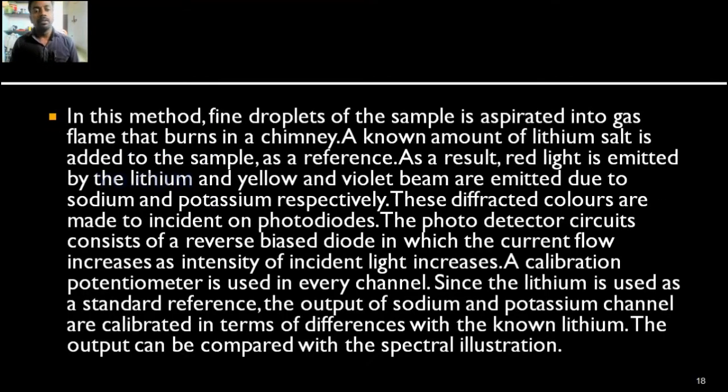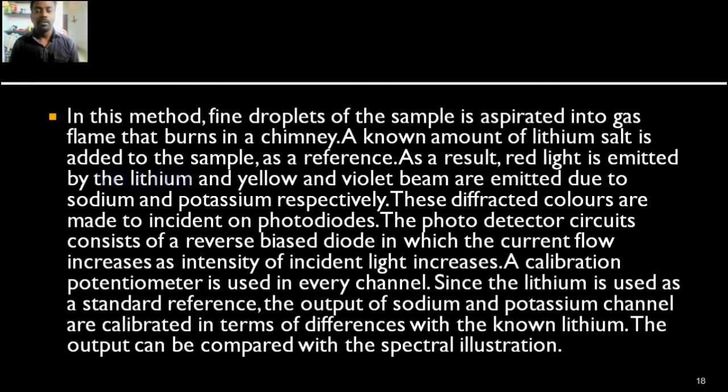In this method, a fine droplet of sample is aspirated into a gas flame that burns in a chimney, which is the light source. A known amount of lithium salt is added to the sample as a reference.